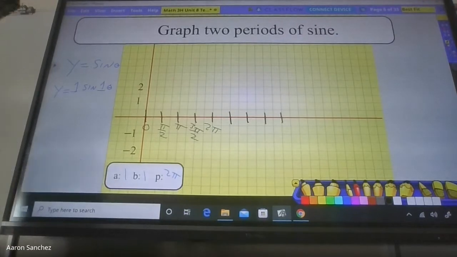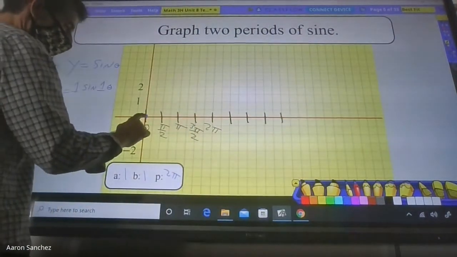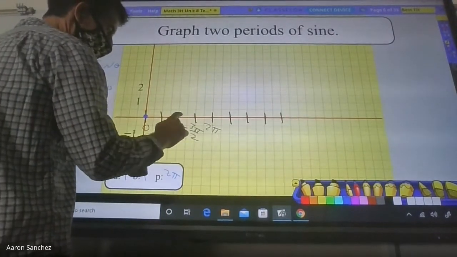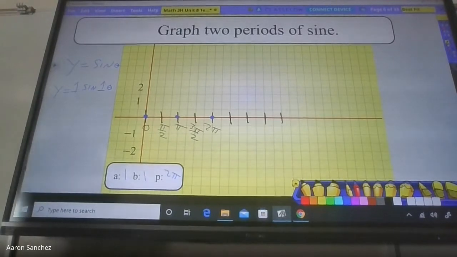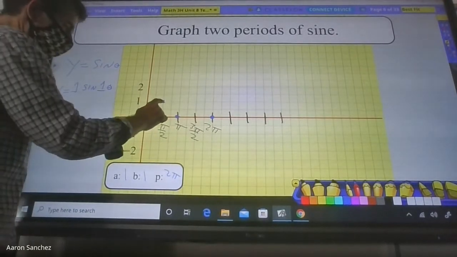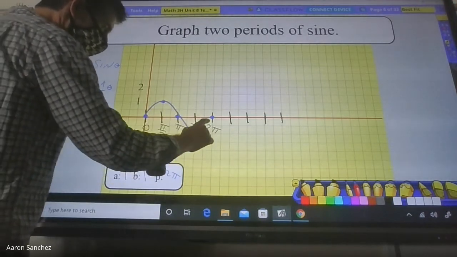Okay, what are my zeros of sine? 0, pi, and 2 pi: first, last, and middle. Then we go up, then down, and all around.